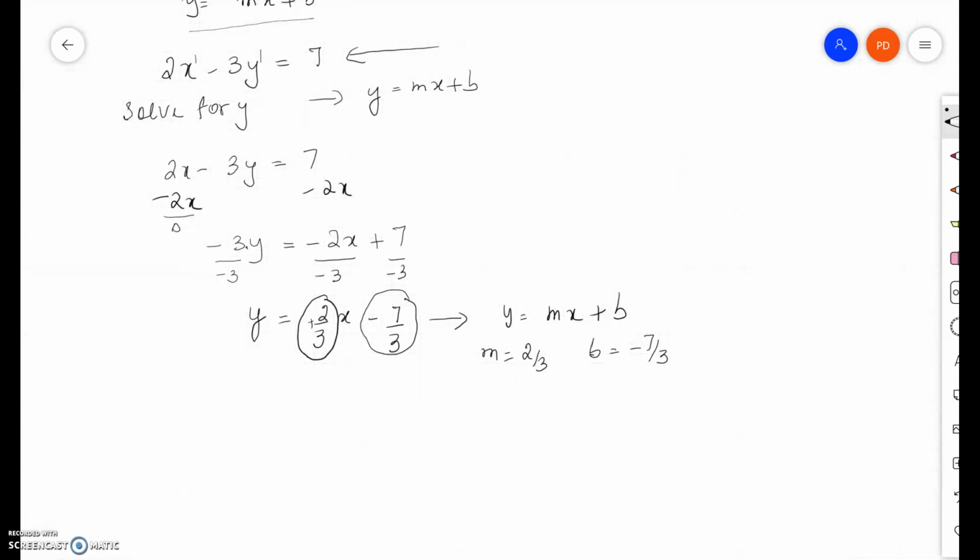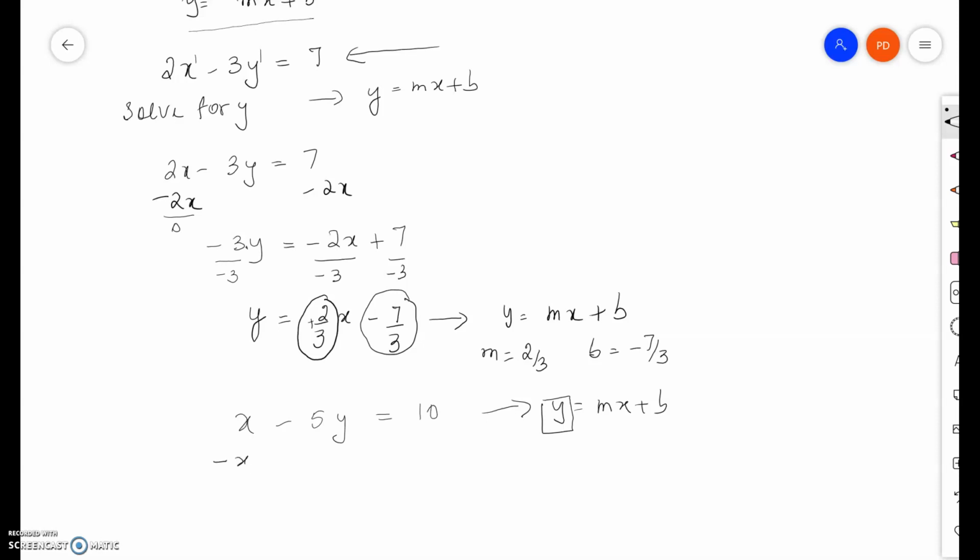Now let's do one more example. Suppose we have x minus 5y equals 10. If we need to find the slope and the intercept, we need to put it in the form y equals mx plus b. What does that mean? We need to get y by itself on the left, which means that we need to solve for y.